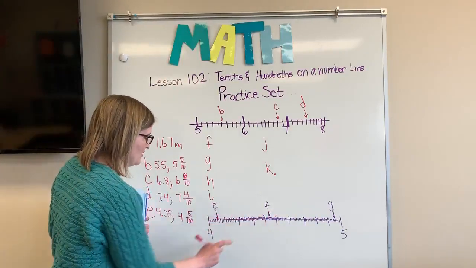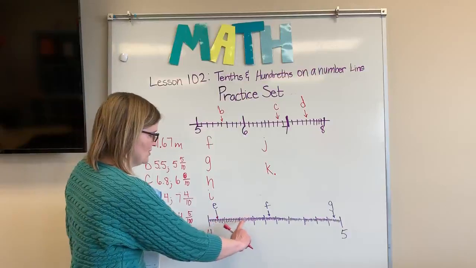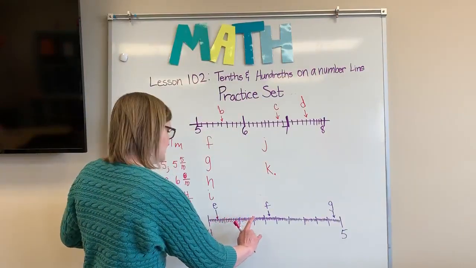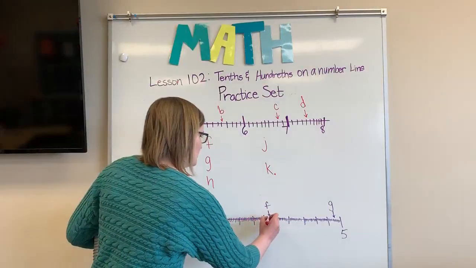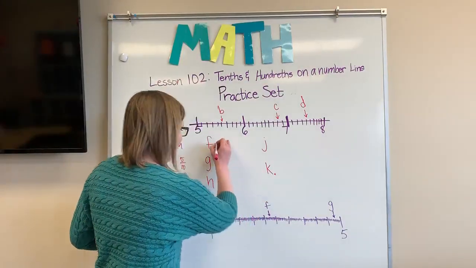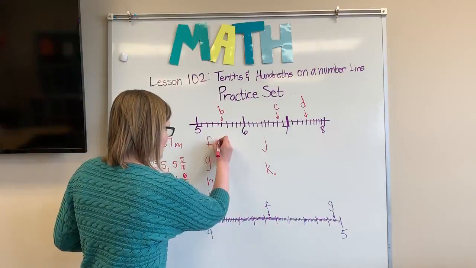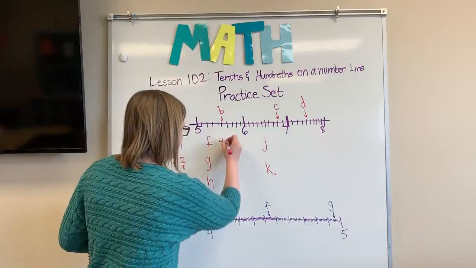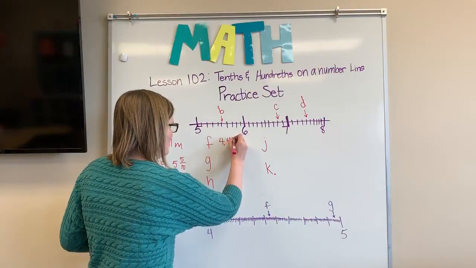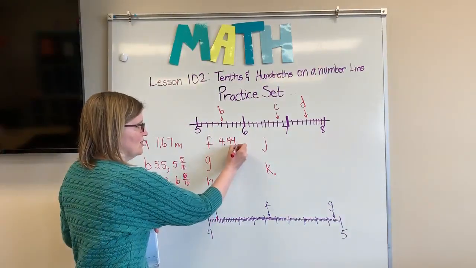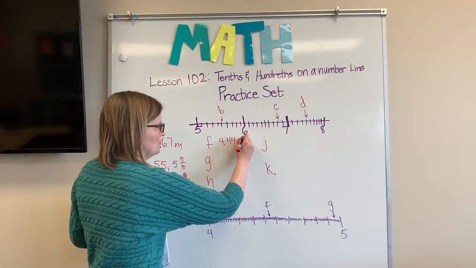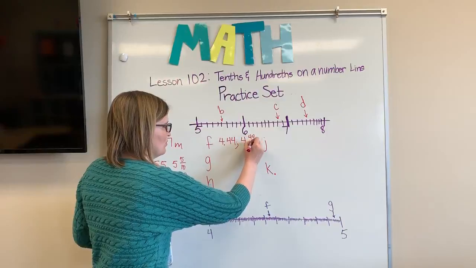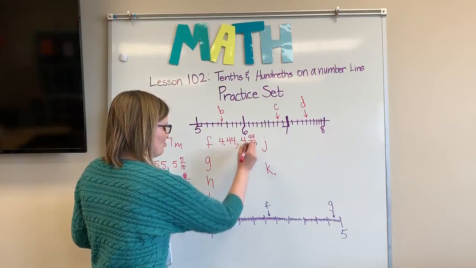Let's try letter F. We count this in, and after counting, this is 4, we know that it's going to start off with 4 and 44/100ths. The fraction form is going to be 4 and 44/100ths.